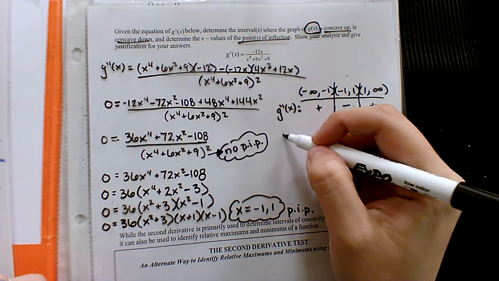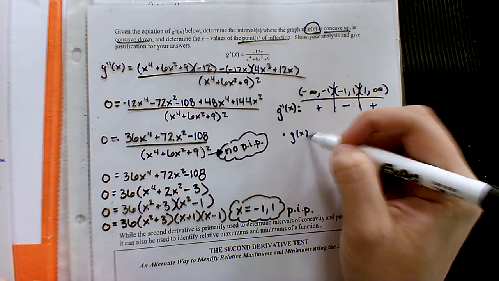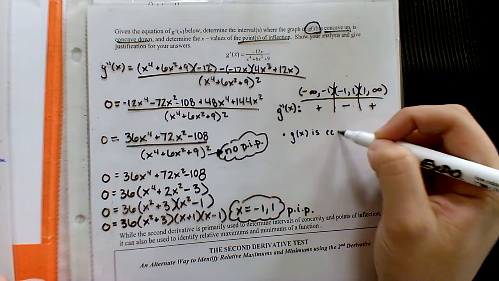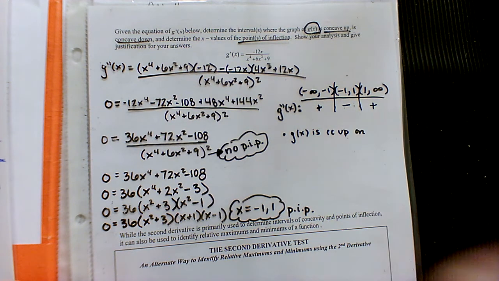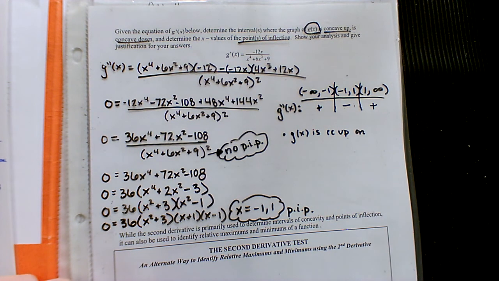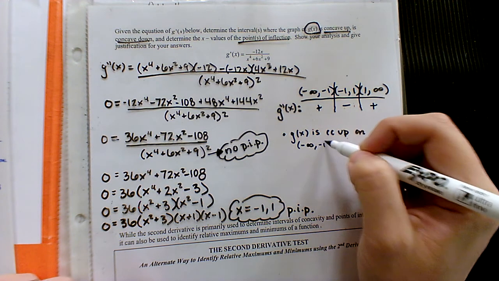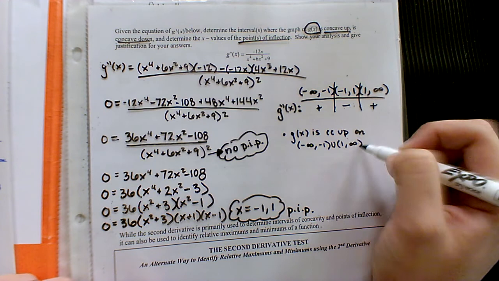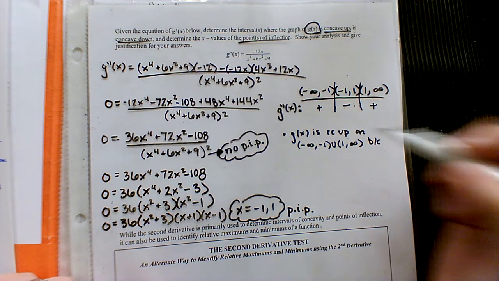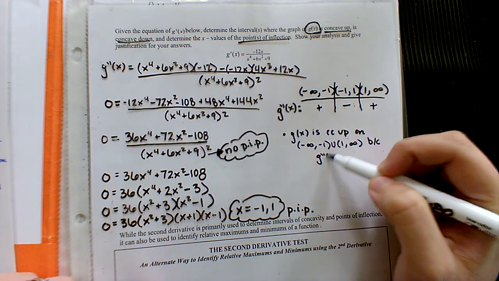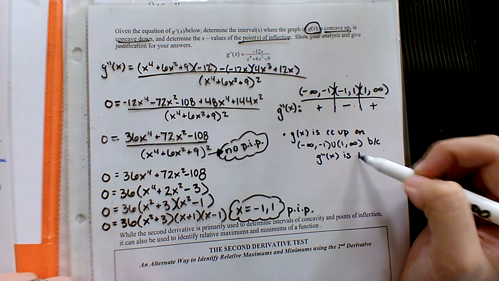Okay, so let's go ahead and list our justifications. G of x is concave up on which intervals? Because G double prime is positive.